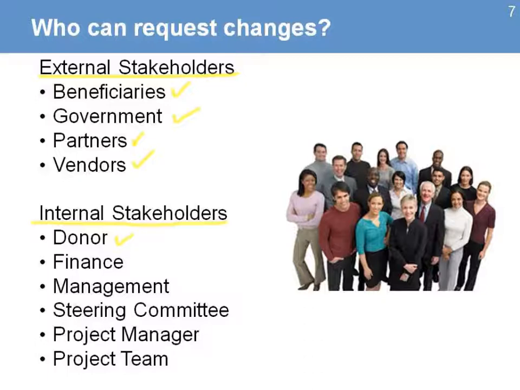We include in that area the donor, finance unit, the department in the organization, the management, steering committee, the project manager, and the project team. They all can contribute with ideas and suggestions based on the information they have, based on the analysis they do on the conditions in the project and the changes they see. They will find opportunities and they will send or recommend those changes to the project.